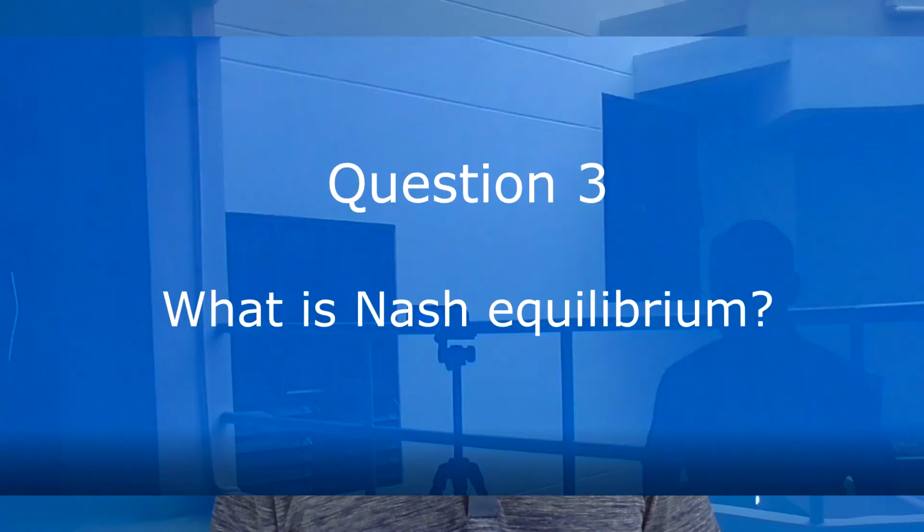Question number 3. What is Nash equilibrium? Nash equilibrium is the matching between 2 reaction functions. So, if one reaction function does match with another reaction function, that point is Nash equilibrium.